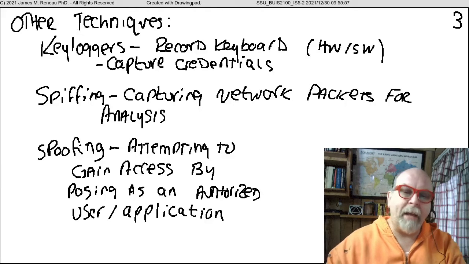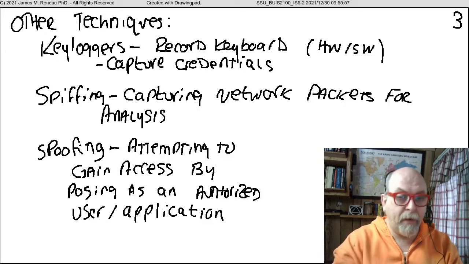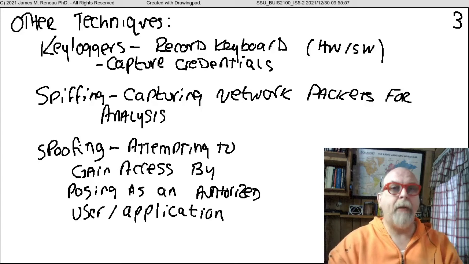There are a few other techniques that I wanted to talk about. One of them is called the keylogger. Basically what a keylogger does is it records every keystroke on your computer. Stop and think about it.